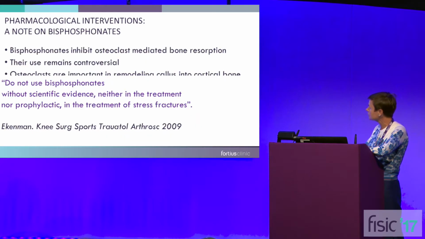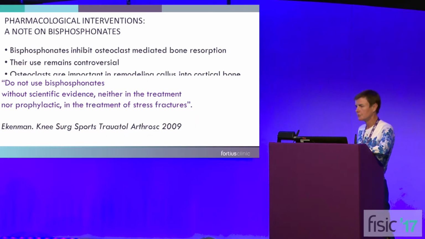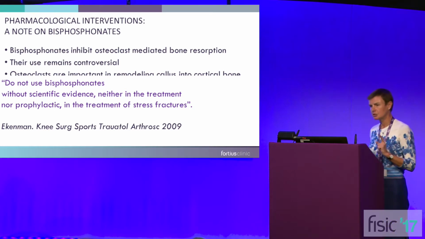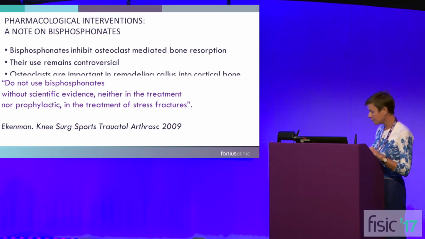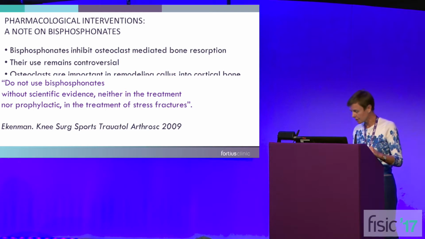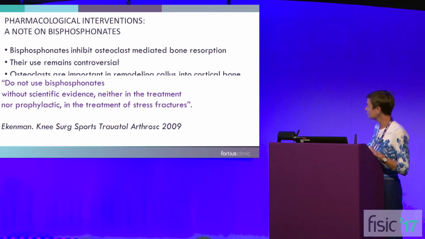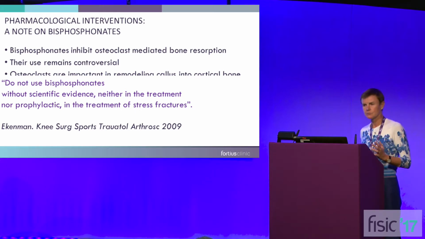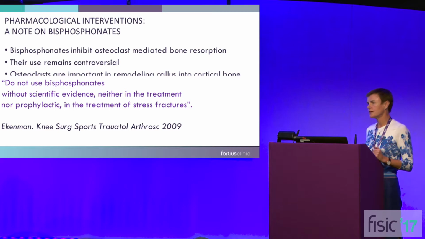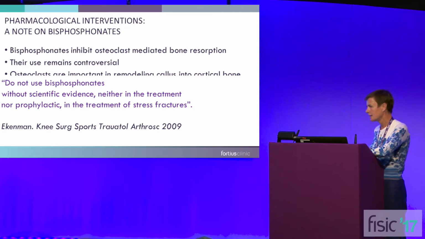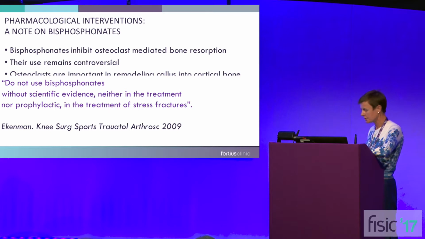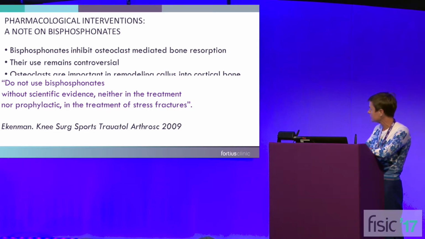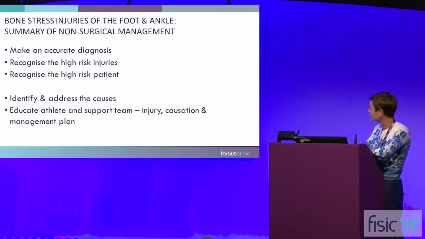I will mention bisphosphonates, and I will only mention bisphosphonates because everybody else mentions bisphosphonates in sports medicine, and they probably shouldn't. There are case-controlled studies of the use of bisphosphonates in trying to promote healing of stress fractures, but I think that many of us would agree with this comment. You should not use them, essentially, in athletes who have bone stress fractures. The rationale doesn't make an awful lot of sense. And if we really do need to intervene with agents, there is teriparatide for that purpose.